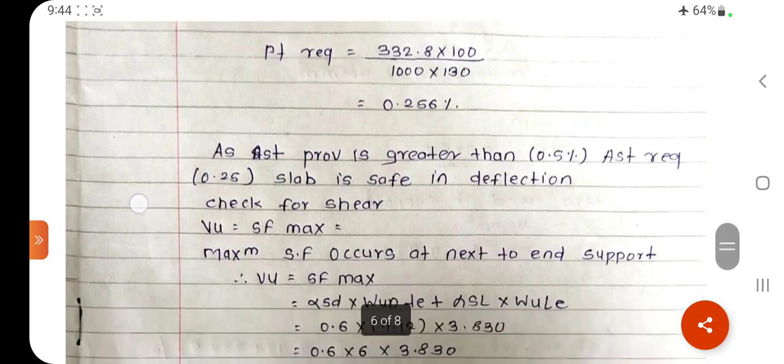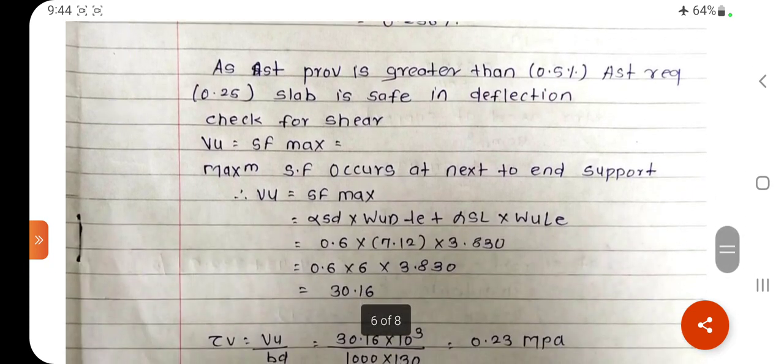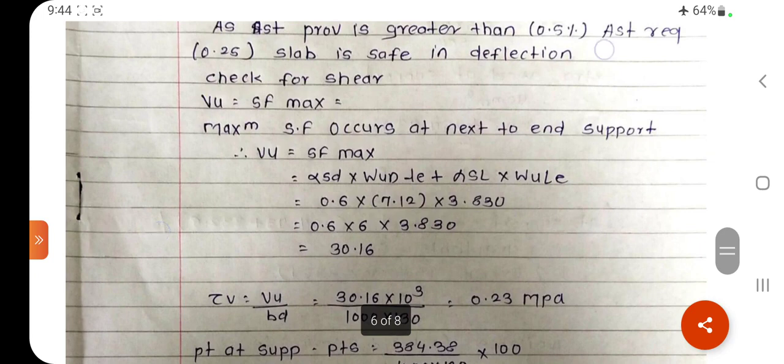Then we go for the check for the shear. The maximum shear force occurs next to the end support, and as with our Mu, we have the forms for MuD and MuL. We have the formula for the shear force also, which is equal to alpha SD WUD into L, alpha SL into WUL, into Le.